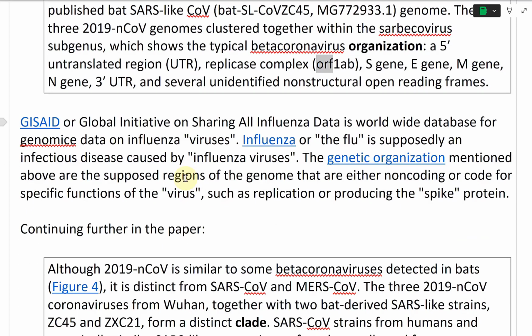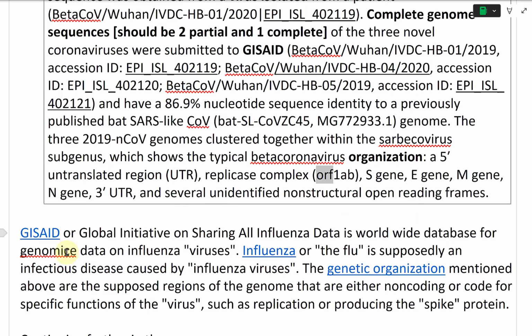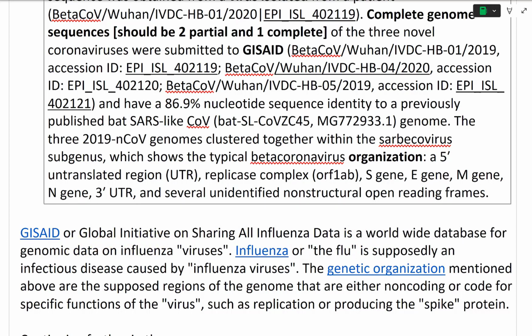So, I'm not going to go too much into what those all mean, but basically I'm just going to summarize that. So first of all, GISAID, or Global Initiative on Sharing All Influenza Data, is a worldwide database for genomic data on influenza "viruses." And influenza, or "the flu," is supposedly an infectious disease caused by "influenza viruses."